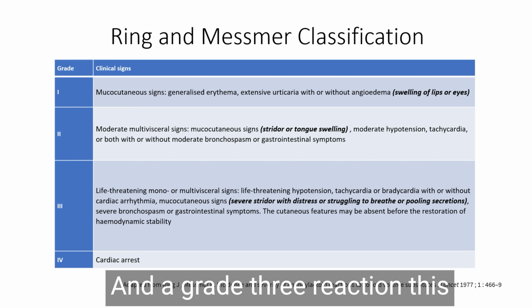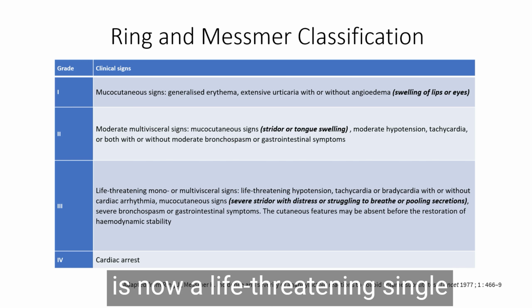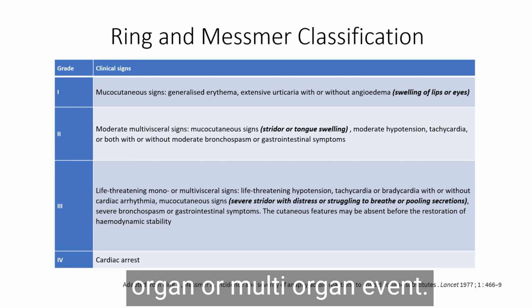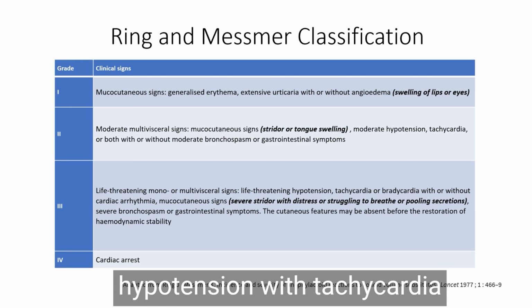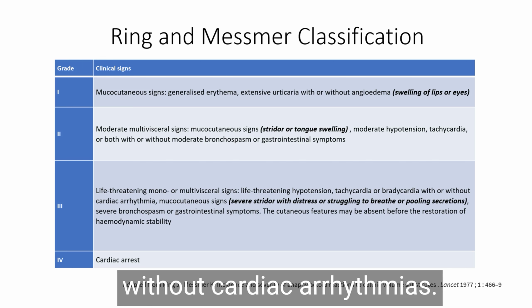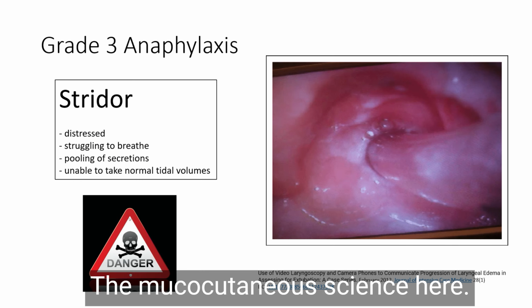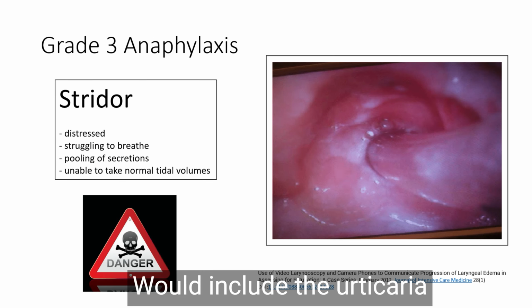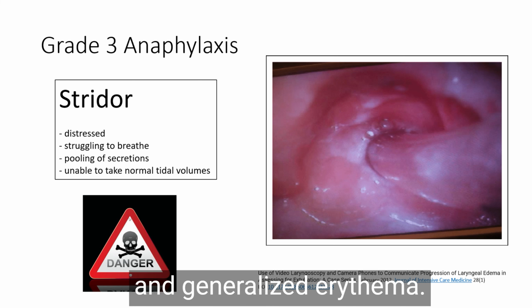In a grade 3 reaction, this is now a life-threatening single organ or multi-organ event. So there can be life-threatening hypotension with tachycardia or bradycardia, with or without cardiac arrhythmias. The mucocutaneous signs here would include the urticaria and generalized erythema.